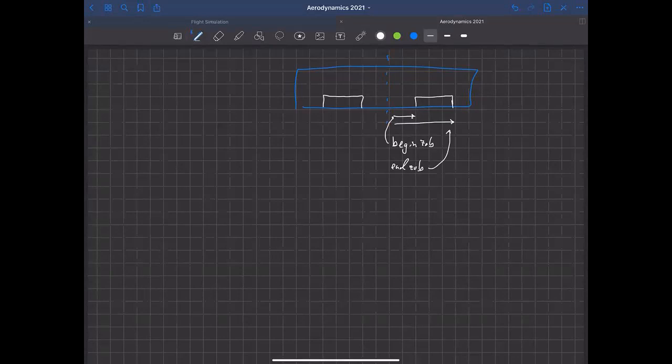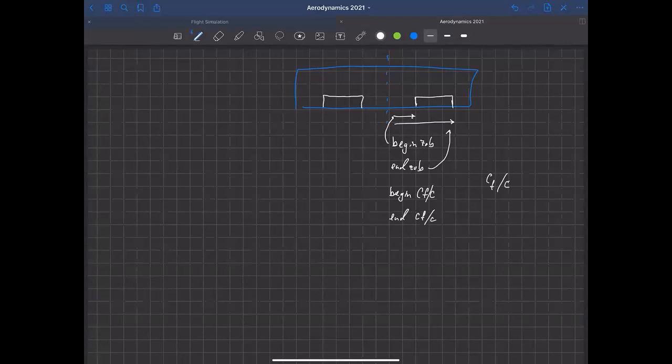We're also given the flap chord fraction for the aileron on both ends here. So we'd have a begin c f over c, and an end c f over c. That cf is actually written c sub f over c. That's the flap chord fraction by definition.